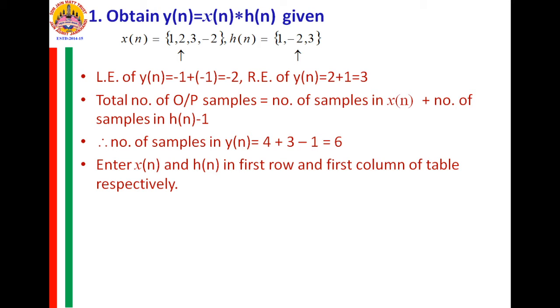So, in the first row we enter the signal x of n as it is, and in the first column of the table we enter h of n. Then the number of columns will be equal to the number of samples in x of n, and the number of rows will be equal to the length of h of n.